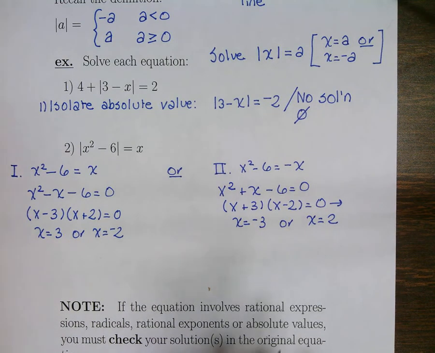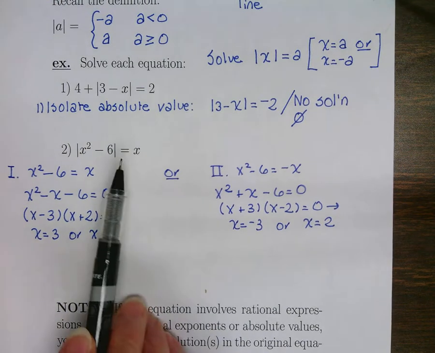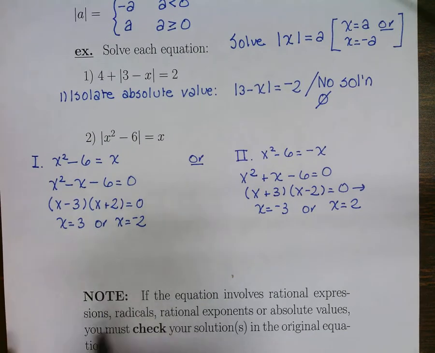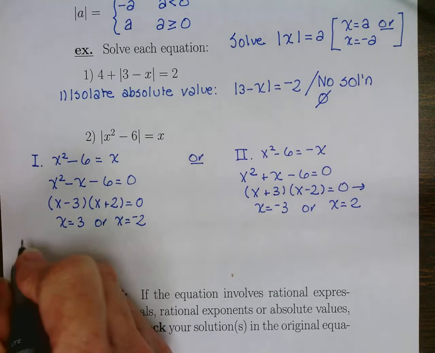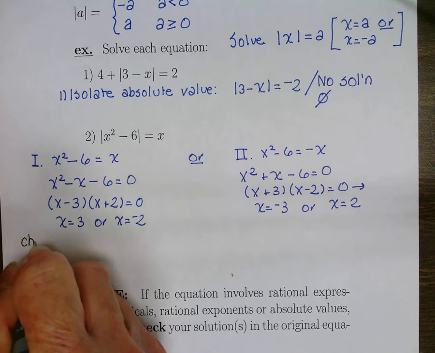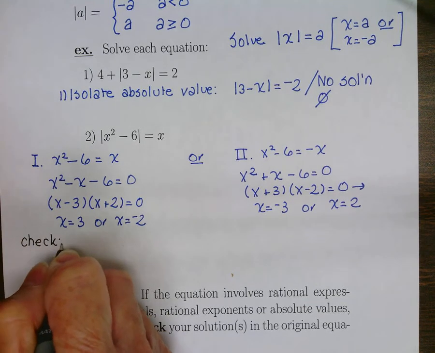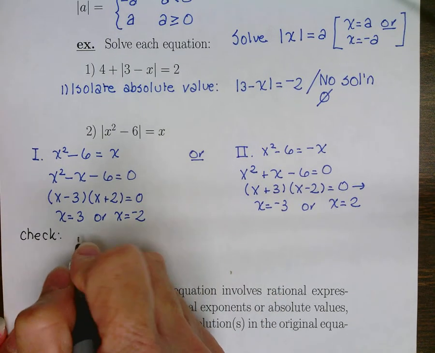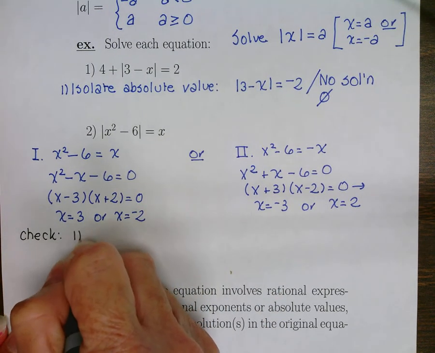Everything is good, but I have to worry about that quantity being positive or negative. In other words, is the equation well defined if I substitute? So bottom line is that I need to check each of those solutions. Okay, where do I check them? In the original equation.